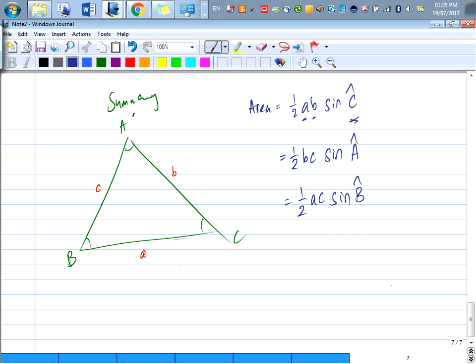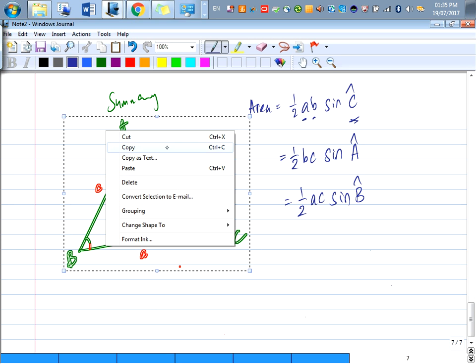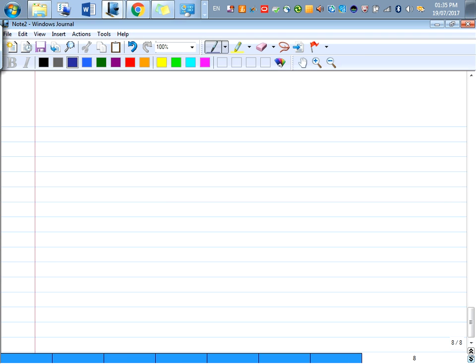Then I'm going to copy this triangle, because we are going to use the same triangle for our sine rule.